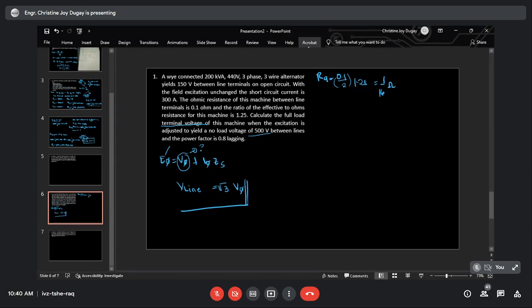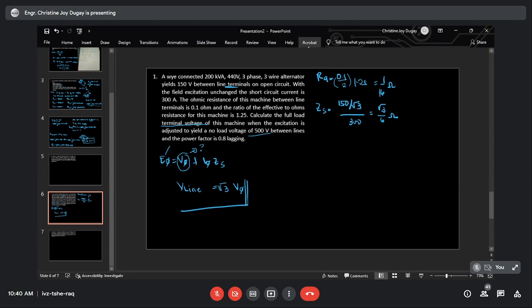And RA. Okay, next we solve for the value of XS from the open and short circuit. Alternator line terminal, so that is 150 divided by square root of 3, divided by the current which is 300. So how many ohms is our impedance? It is square root of 3 over 6 ohms.